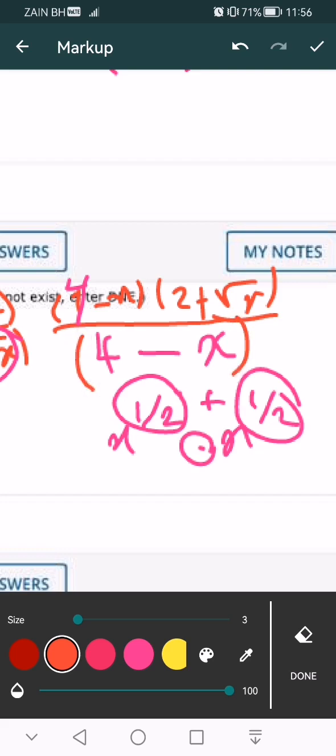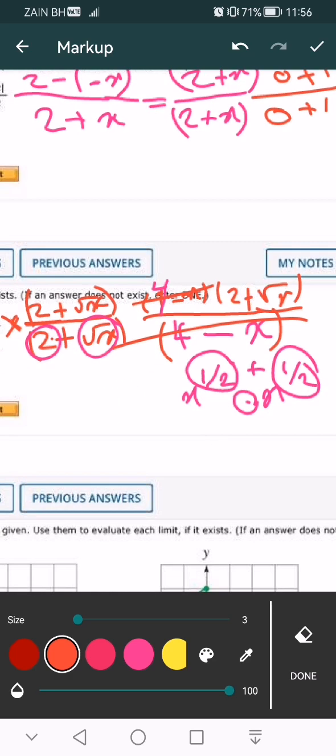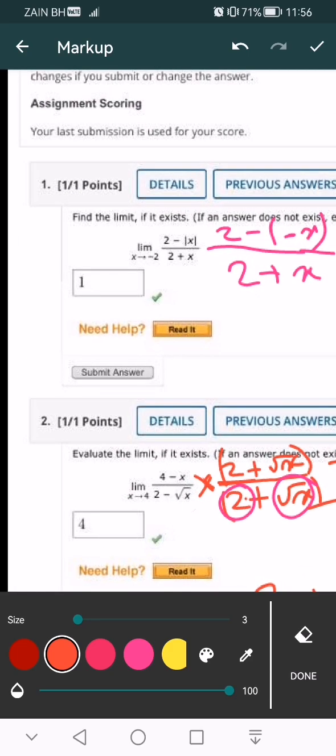Sorry, I forgot one thing. I reach something I forgot, which is this one is the same as this one. I can cancel each other, and then the remaining will be 2 plus square root of x when I substitute. So here 2 plus square root of 4 is 2, so 2 plus 2 is equal to 4. Okay, the answer will be 4.